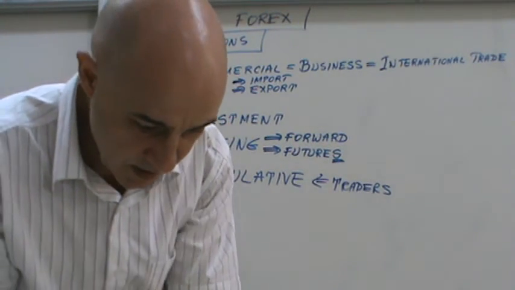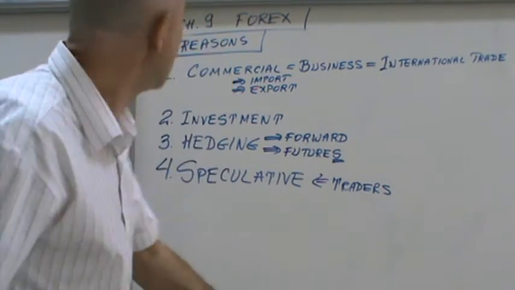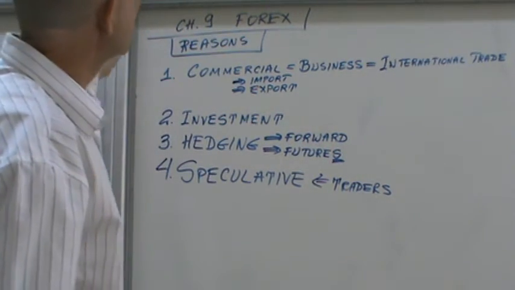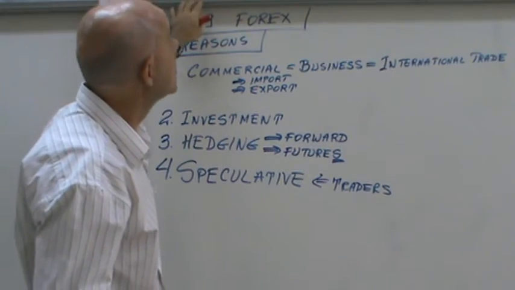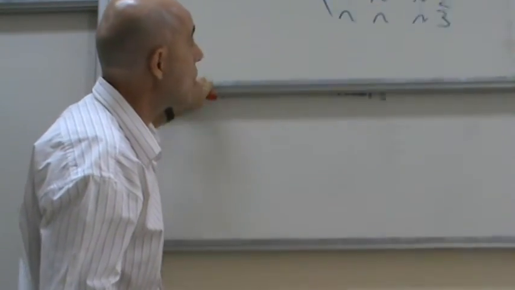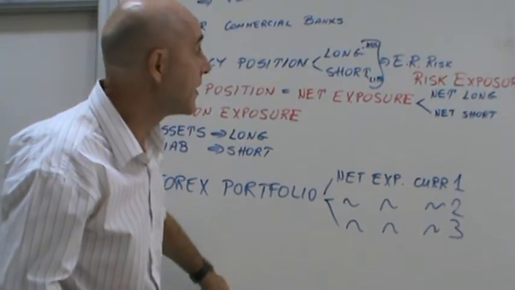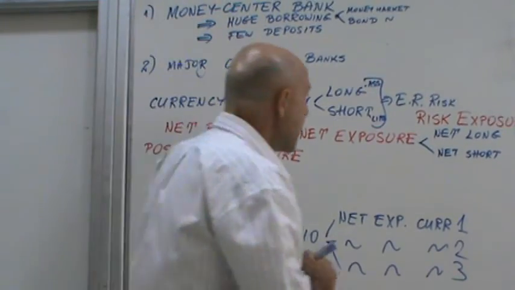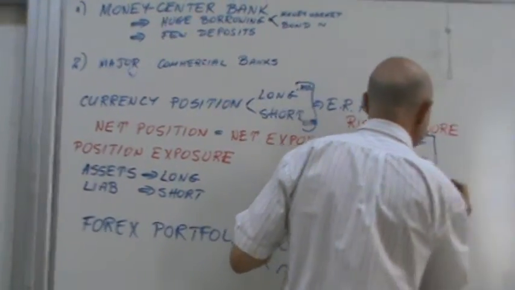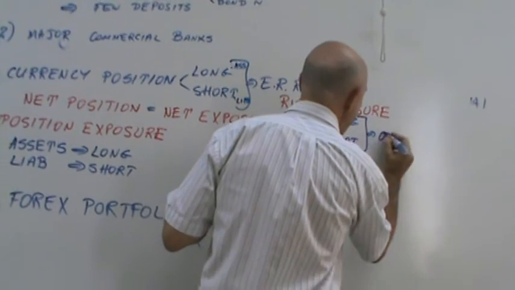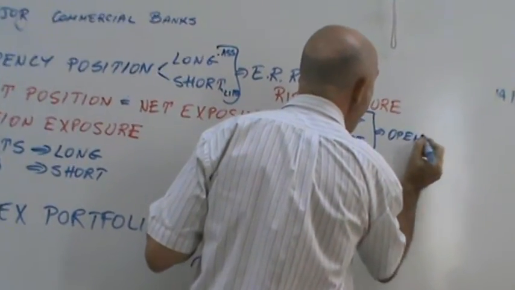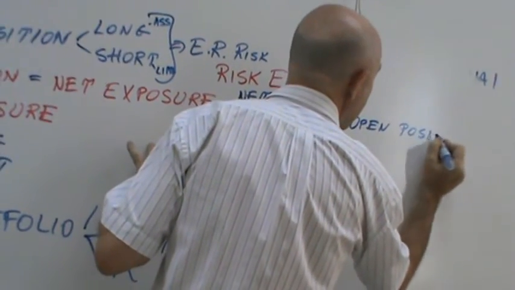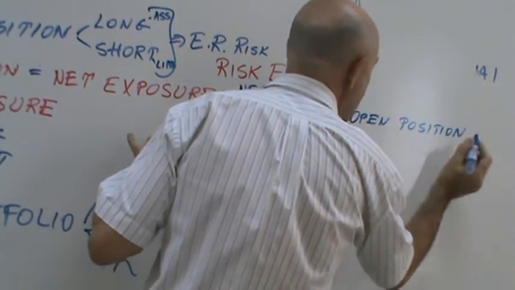Next, based on net position, net exposure, net long, net short, the exposure means that you're open. So you have an open position.